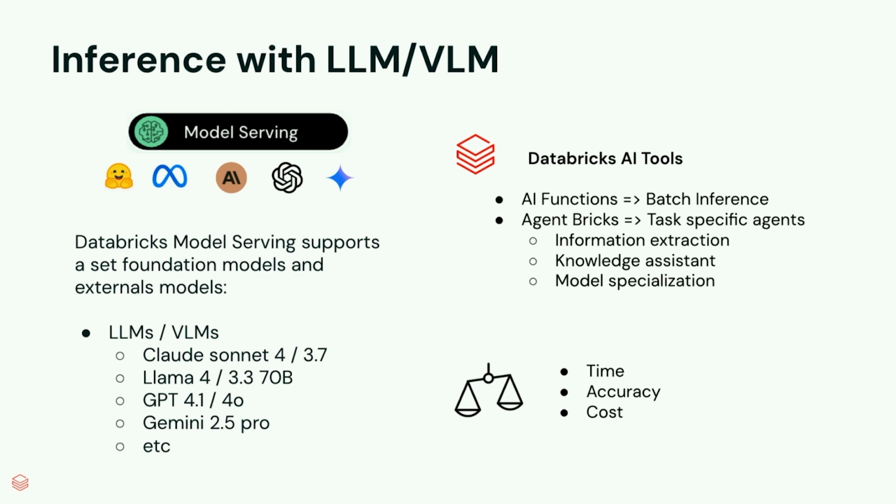Claude 4 Sonnet, 3.7, they're very good LLMs, and they also have modality for images. Llama 4 also supports images. Llama 3.3 70B is a very general purpose LLM. GPT-4.1 and 4o are both multimodal models. And Gemini 2.5 Pro is also a multimodal model.